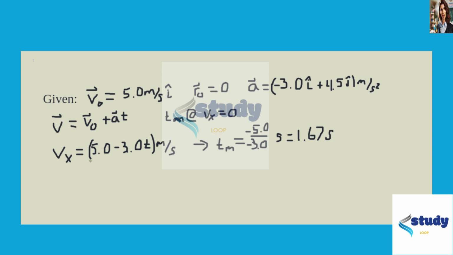Now we can plug this time back into our original equation. I just put a little star next to it.